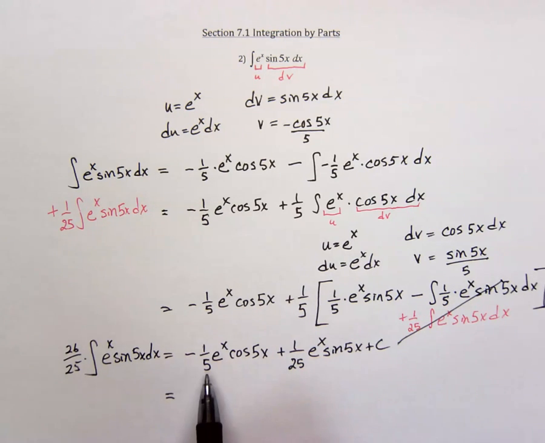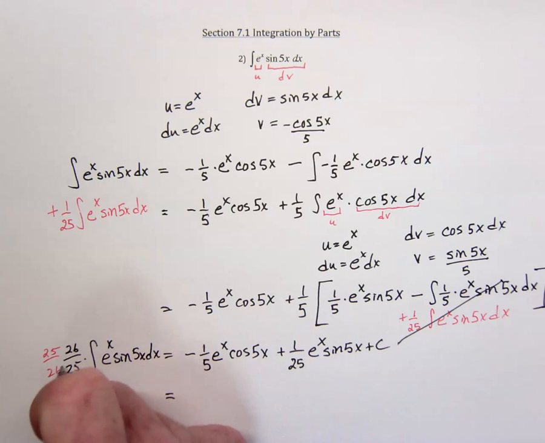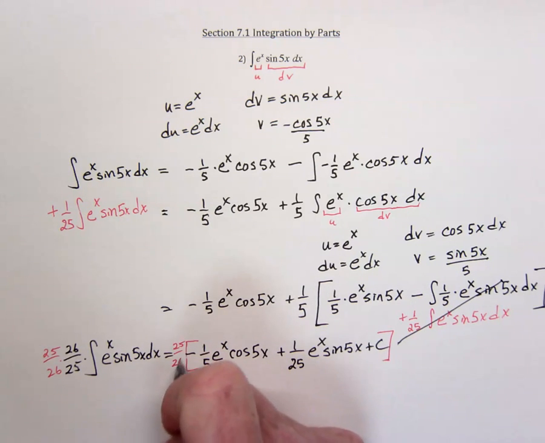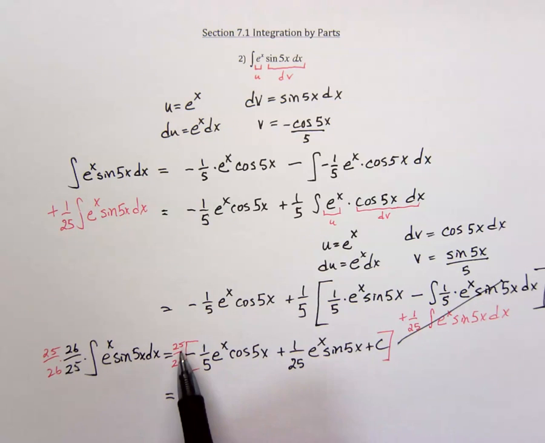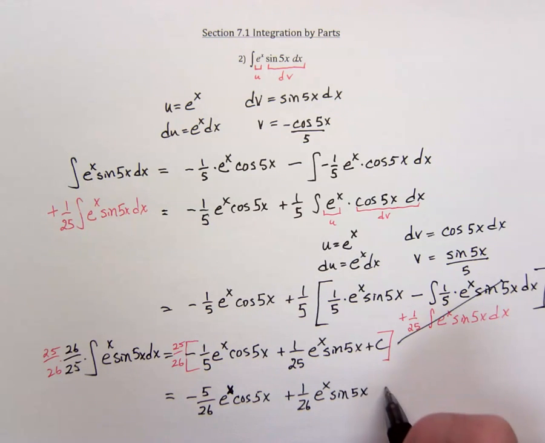So when I multiply this one by 25 over 26, those cancel, that would leave a 5 in the numerator and a 26, so negative 5 over 26 e to the x cosine 5x. Distribute that over here and the 25s will cancel, so that's going to be a 1/26th e to the x sine of 5x plus c.